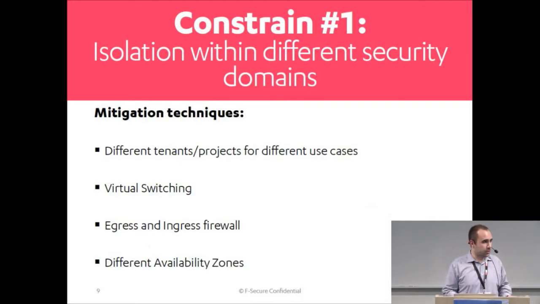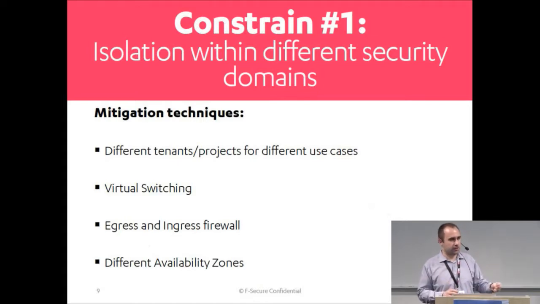You have virtual switching in OpenStack with Neutron and Open vSwitch, so you can create your own specific VLAN and your specific network just for that. And you can use availability zones to play around with it. So you can deploy, if you want, your test tenant in one region and your production tenant in another region. But even without using availability zones, it's actually quite okay, and it's quite isolated to run everything on top of the same physical hardware.